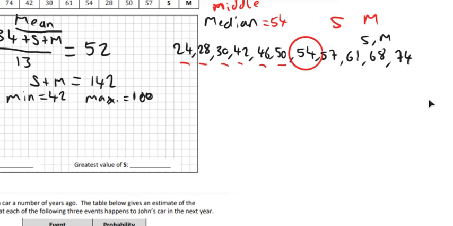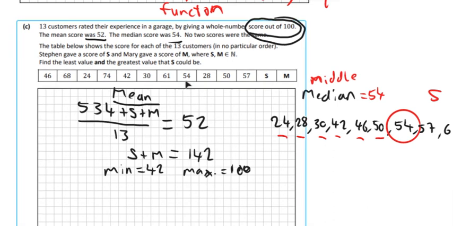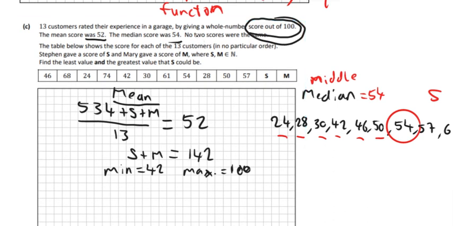And so if you think about what the smallest number S could be, then just thinking about the median, like for example, if it was 54, it wouldn't work, because I think it said earlier in the question that no two scores were the same, so it can't be 54 because of that bit there.